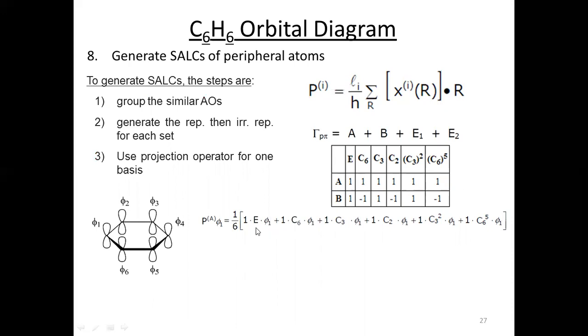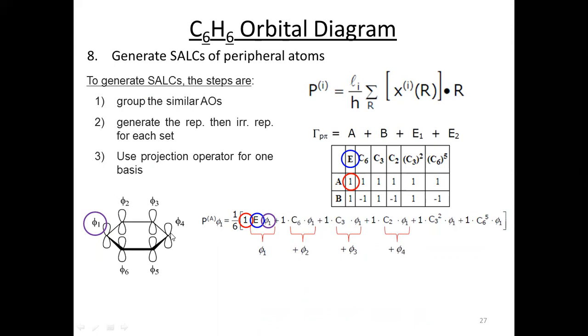So what will be the answer? Applying E, phi1 will be at the same position, so it will be phi1. Whenever I apply C6, phi1 will be moved to the phi2 position, so this will be phi2. If I apply C3, then phi1 will move to the phi3 position, so this will be phi3. Applying C2, phi1 will move by 180 degrees, to phi4.